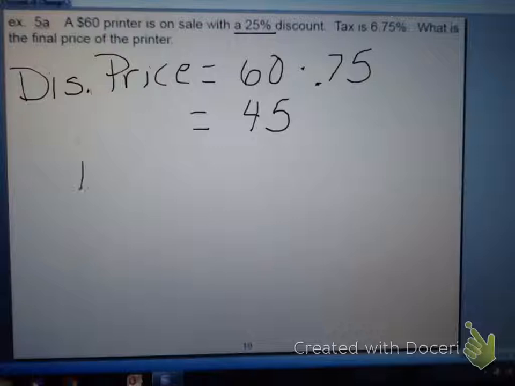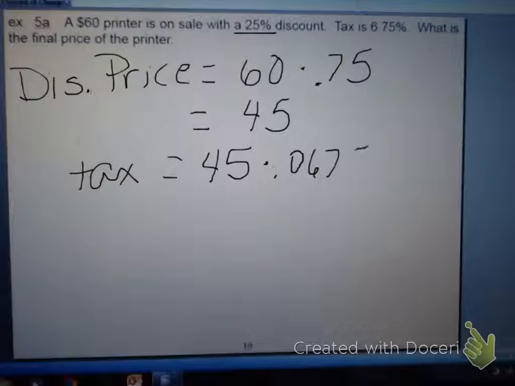Now we have to calculate the tax. And to calculate the tax, it gets added to your bill. It's 45 times 0.0675, which is $3.04.